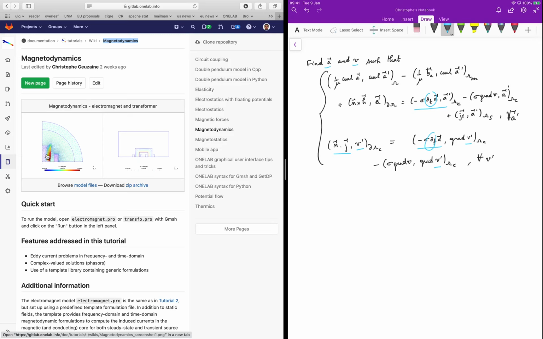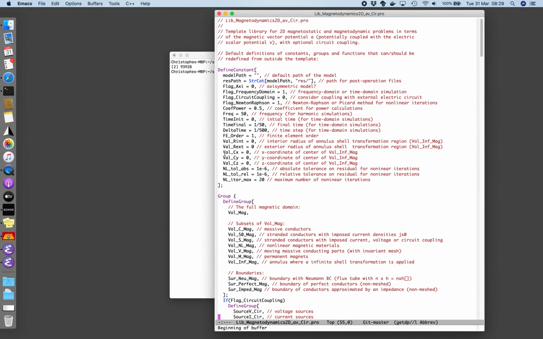So we suppose that the core is both magnetic and conducting. The current in the coil produces a magnetic flux density that turns around it, and here we see a dynamic reaction in the core due to the eddy currents that take place. Okay, so let's have a look in detail at how we can solve this in dynamics.